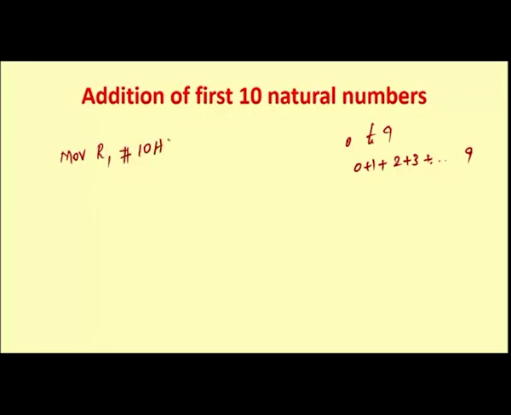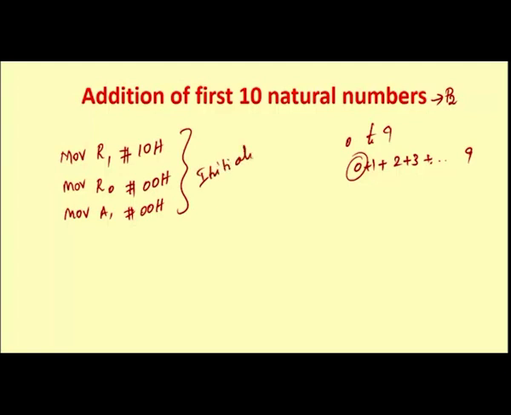Okay. So, 10 numbers. Then I want to store the result in port 2. So, I want to initialize the first value, which is 0. First value I have initialized, then I am clearing the accumulator. Okay. So, these are the initialization process.